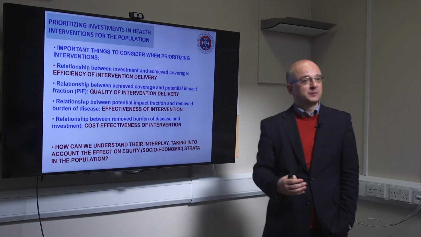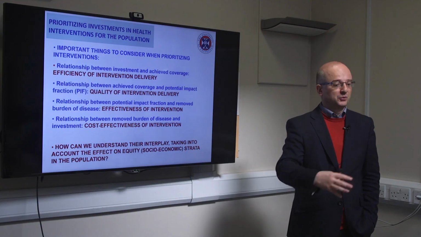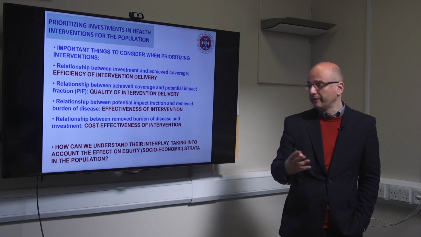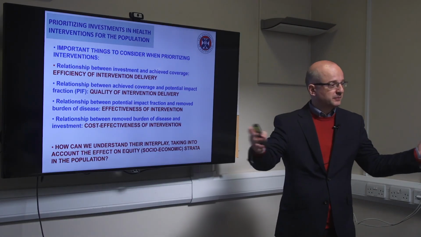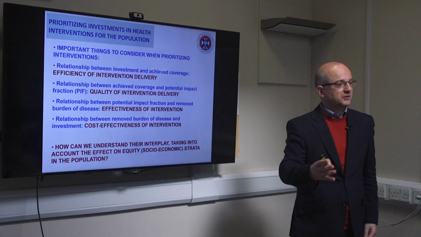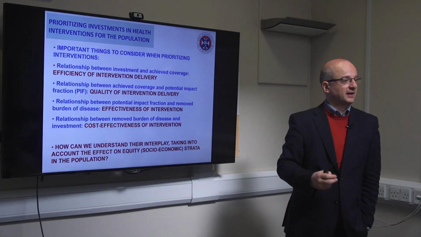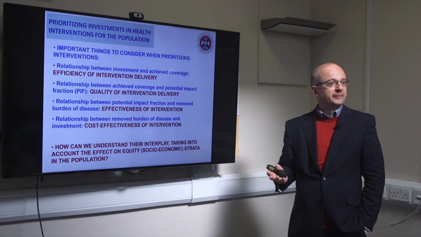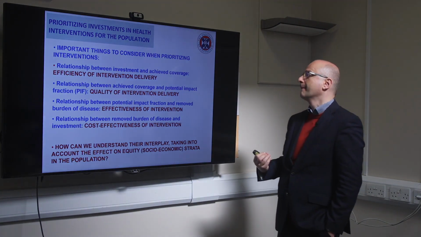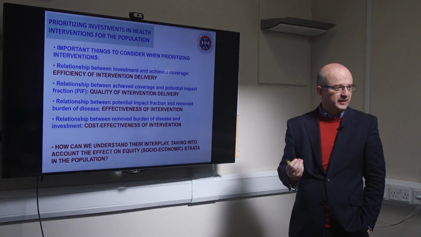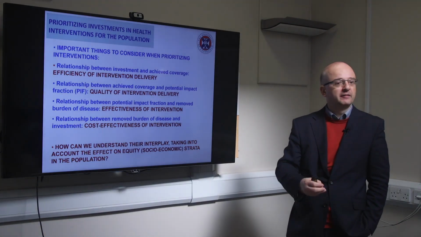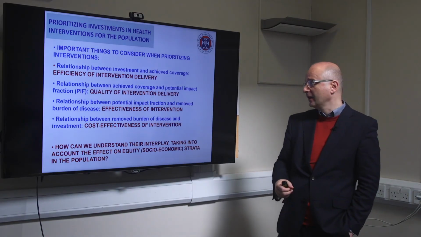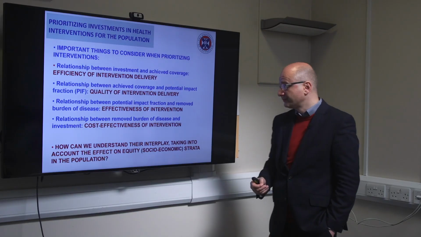But for some interventions it may be easy to deliver them to the city center of the capital city, but it may be very difficult to deliver them to outposts, to borders, to people who are remote and outside of access of roads and so on. So the cost may start going up. So this is what efficiency of intervention delivery means. It means how much does it cost you to cover the first 10%, then 20, 50, 100% of people in your country with some intervention.